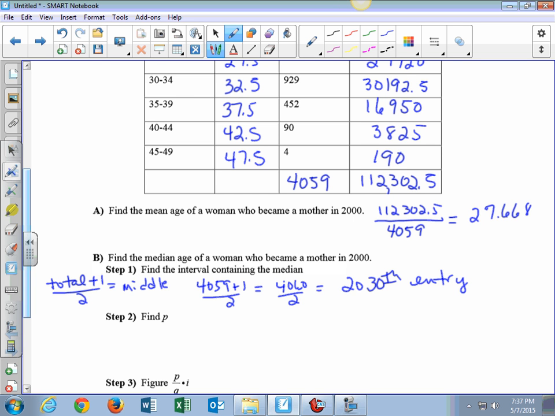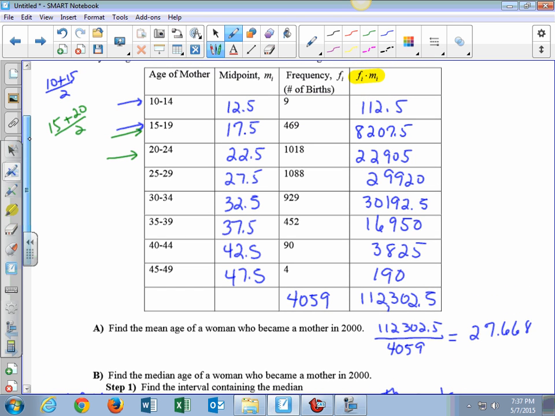Okay, so what we have to do is find where that 2,030th entry occurs. So I got to go back up to my chart. And what I'm going to do is squeeze in here, in purple, my cumulative frequency.